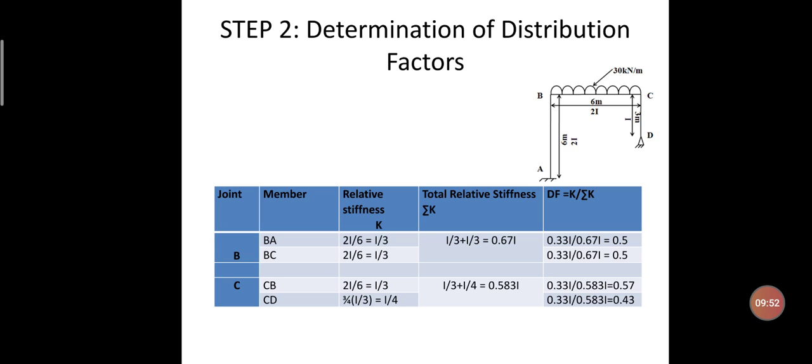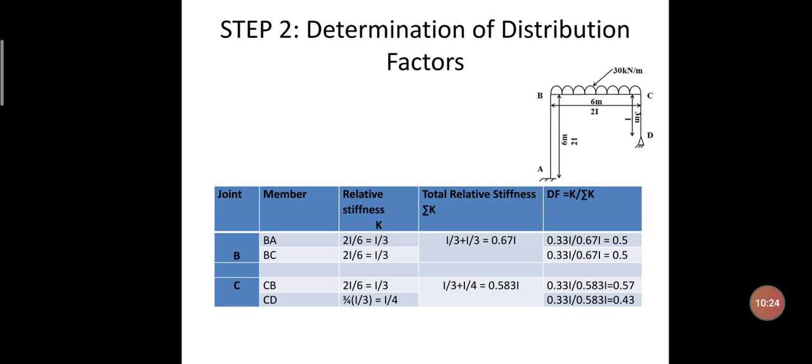In this case the farther end is a fixed end, so the relative stiffness is equal to I by L itself. For member BA, I is 2I and L is 6 meters, therefore I by L is 2I by 6, which simplifies to I by 3.